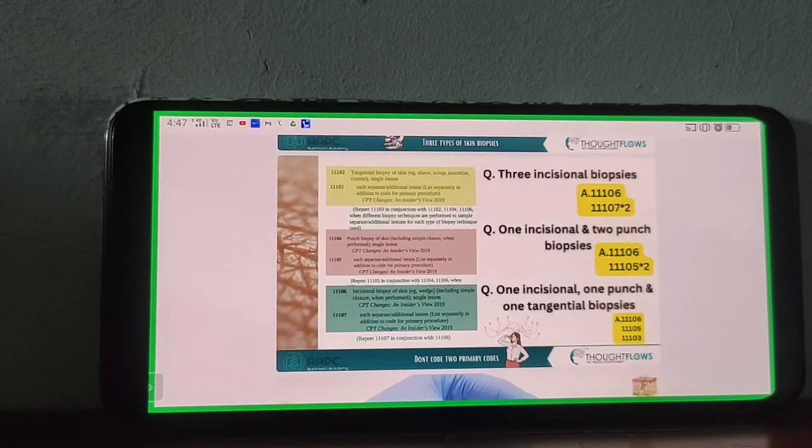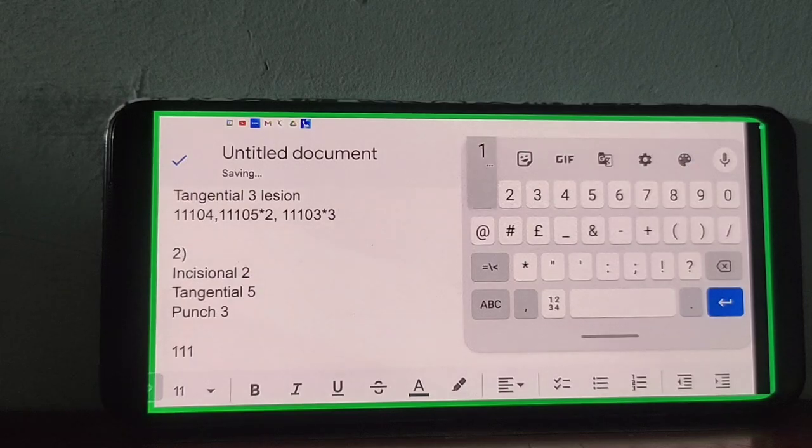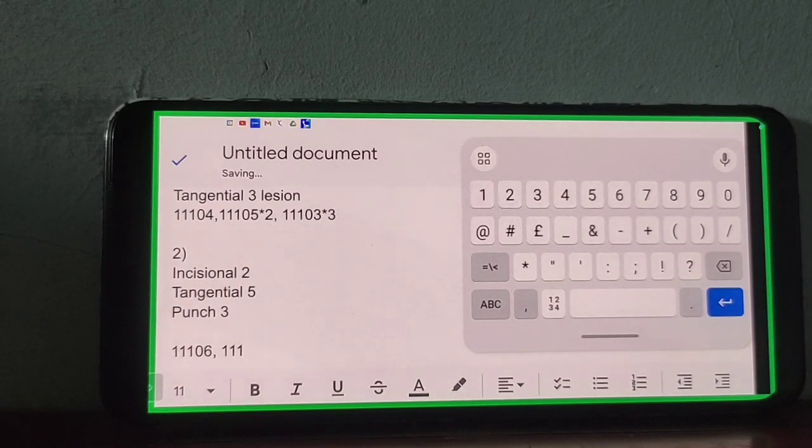So now I am going to report 1106 for the first lesion incisional, then the remaining one lesion 1107. So there are 2 lesions in incisional. In that, there is no change. We have to report the code based on our regular method. So there are 2 lesions. For the first lesion 1106, then the remaining one lesion 1107.